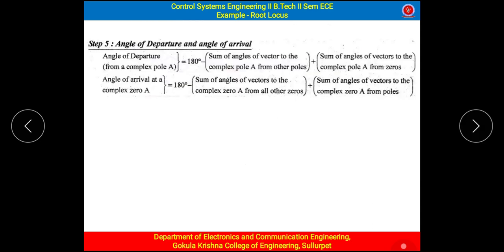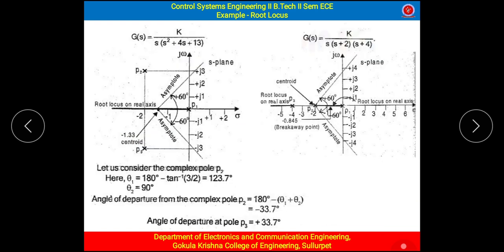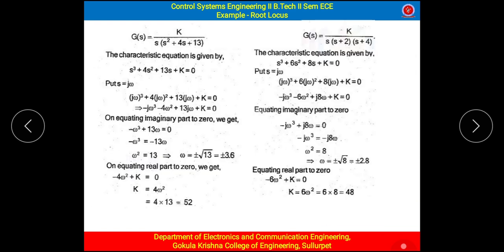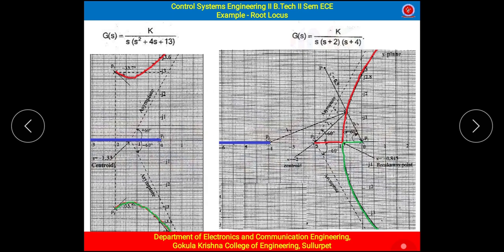So one root locus branch will start from here and travel like this, and another branch will start from here and travel to this point, and then it will split. One branch will go in this direction, another in this direction, but they will be going parallel to this asymptote, and the intersection point is, I think, 3.8, some value we calculated just now. Let's see those values. It is 2.8. So at this point it is starting and going like this, and similarly in this direction also. So these are the root locus branches.